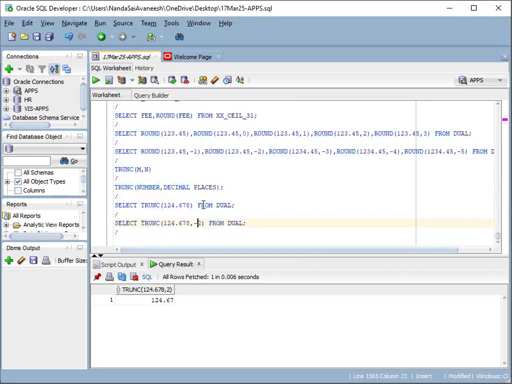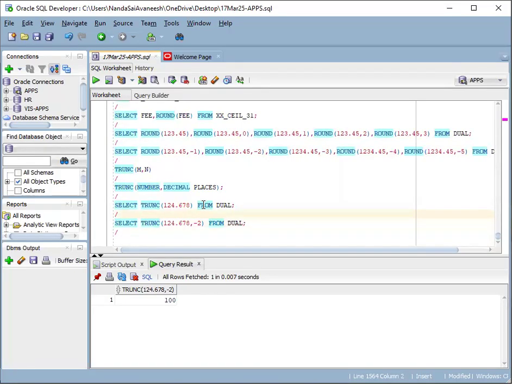Suppose I mention minus. When you mention minus, what happens? The decimal places are completely removed, and coming to the precision value, it is ones and tens, so these values are made 0.